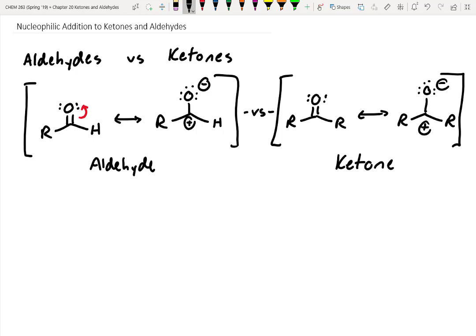My question for you is, which one is less stable? The aldehyde? Why? Depending on your R groups, let's just assume that the R groups are a normal alkyl group, like an alkane.